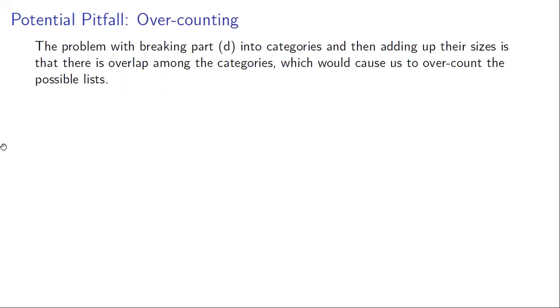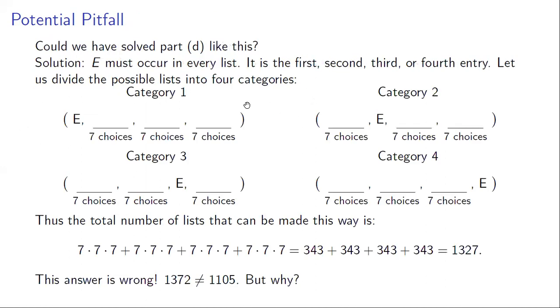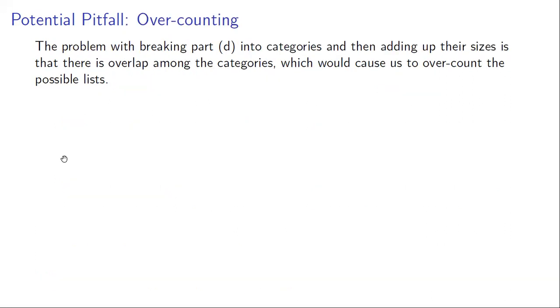The problem is that there is overlap among the categories. In part D, if we try to make these categories, there's going to end up being overlap among them. If you go back to part C, you'll see that I mentioned there that the categories are non-overlapping. So that was okay. But in part D, the categories do overlap, and I'll show you examples of that.